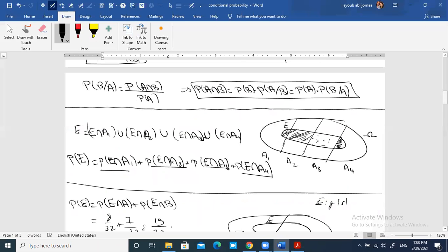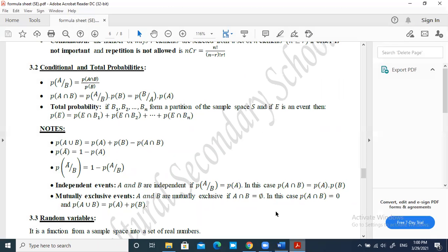E intersection the first plus E intersection the second, the third, the fourth, as many as we have. This is what we call the total probability.